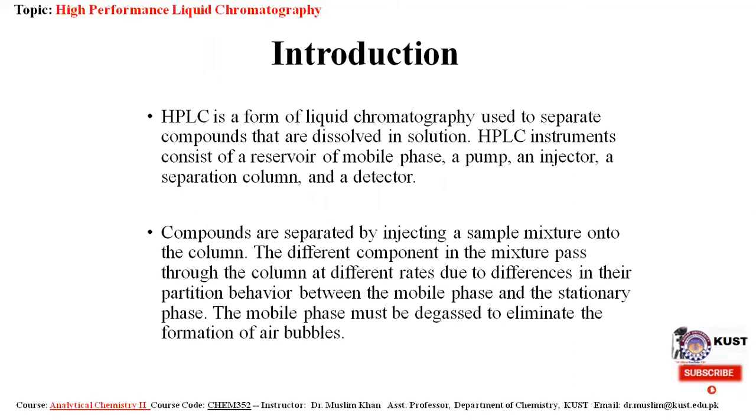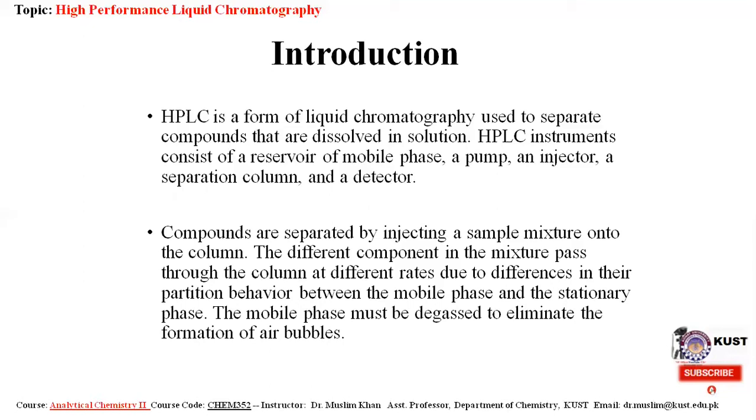So compounds are separated on the column, through which the sample mixture is passed. The different components in the mixture pass through the column at different rates due to the difference in their partition behavior, due to the interaction of these different components with the different phases.